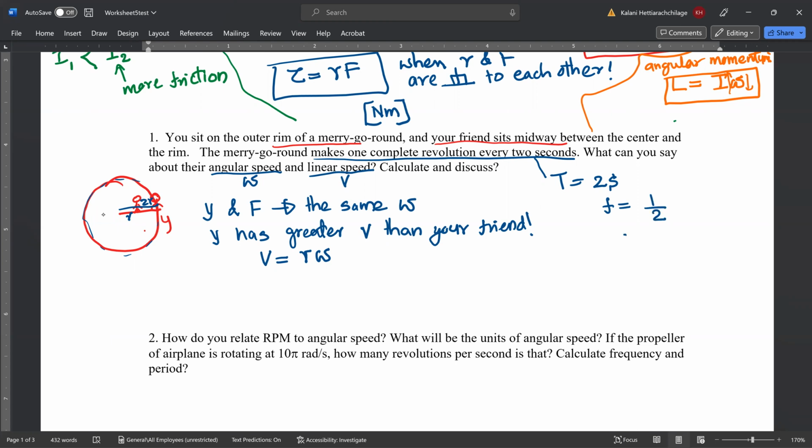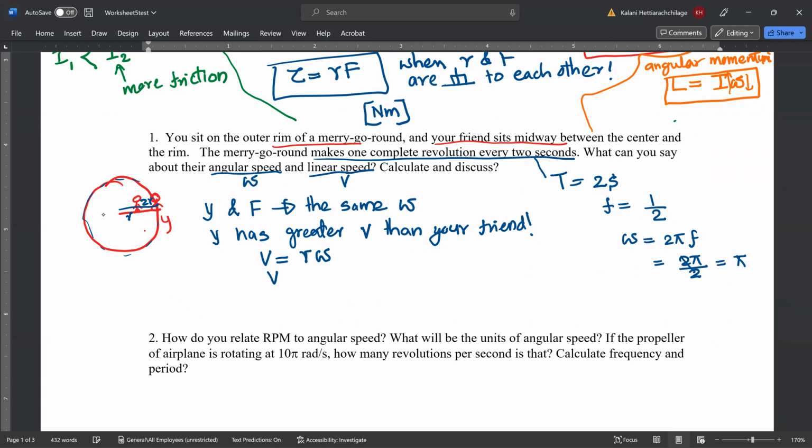Right? So now if you need to find the angular frequency or angular speed, that will be 2 pi times the frequency. So that will give you 2 pi over 2 seconds, yes, that will give us omega as pi, right? Since R is not given, I cannot directly calculate what it is because we need the R value, but I'm going to keep it in terms of R in here.